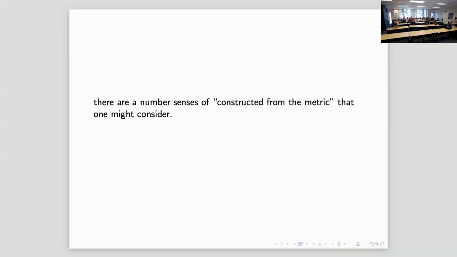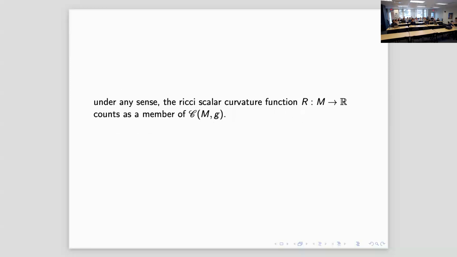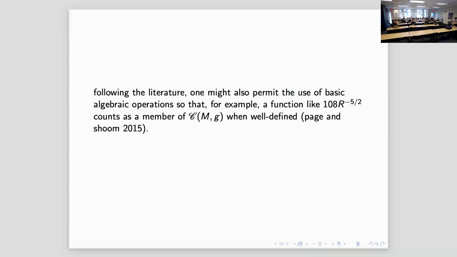Well, under any sense, the Ricci scalar function R has got to count as a member of CMG. I did some poking around in the literature. We could follow the literature, and you might also permit some basic algebraic operations, such that, for example, 108R raised to the -5 halves power counts as a member of CMG when it's defined, right?